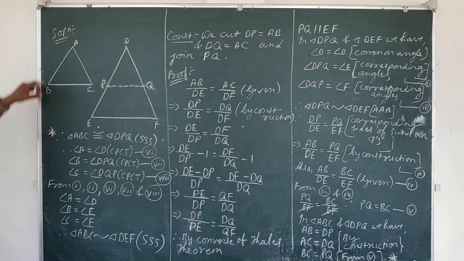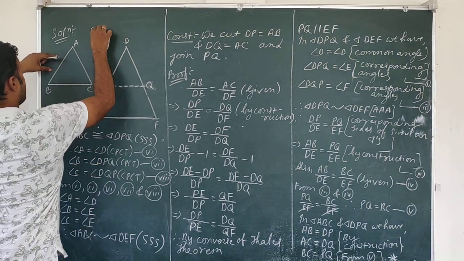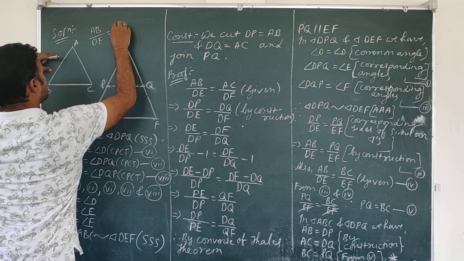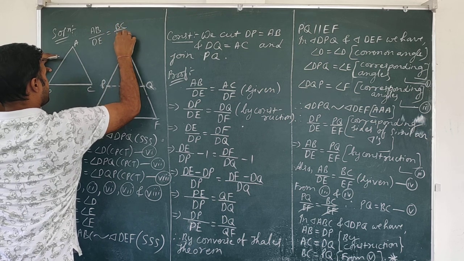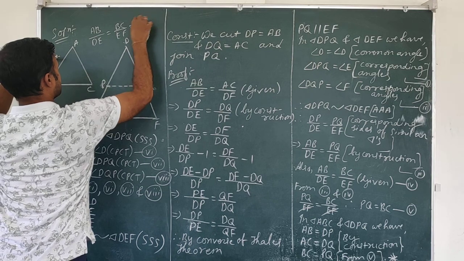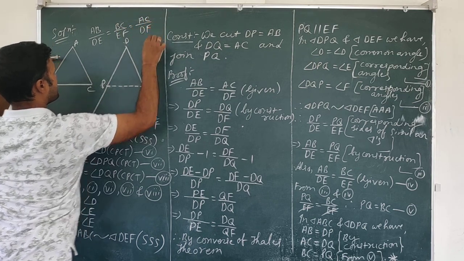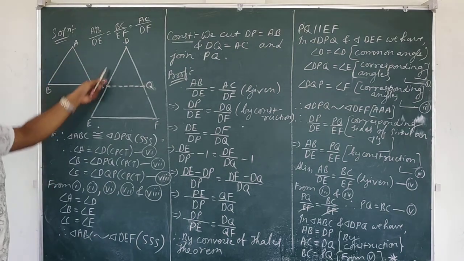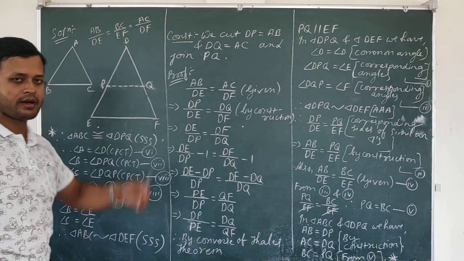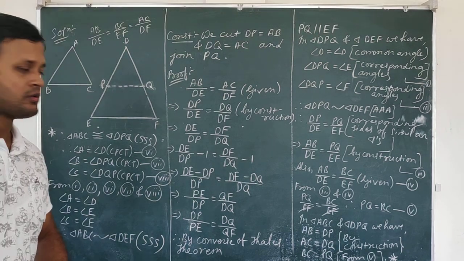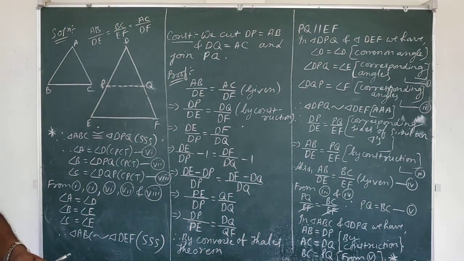It is given to us that AB by DE is equal to BC by EF is equal to AC by DF. Now we need to prove that all the corresponding angles are equal.